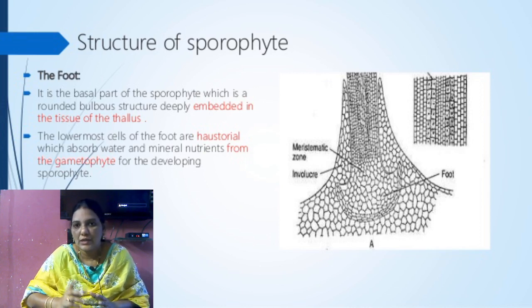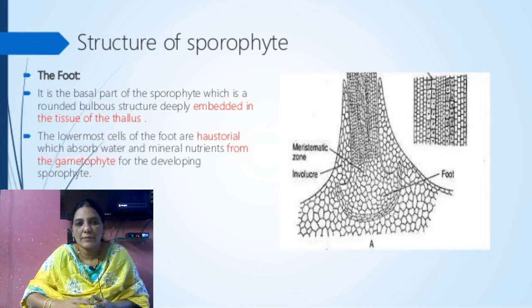Here 4 to 5 layers of the epidermis are present on both sides, and the epidermis contains chlorophyll cells. The chlorophyll cells participate in photosynthesis. And next, the middle part is called the columella. The epidermis is made up of parenchyma tissue, and the middle part is called the columella.